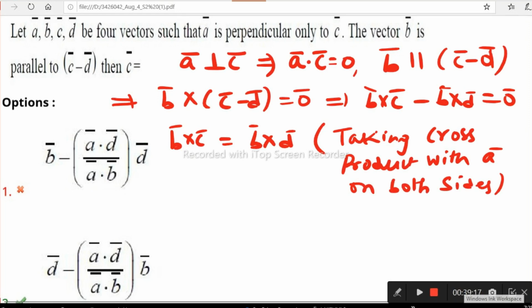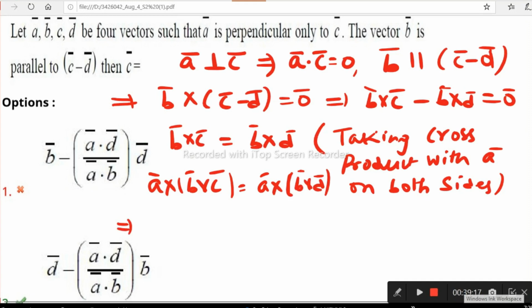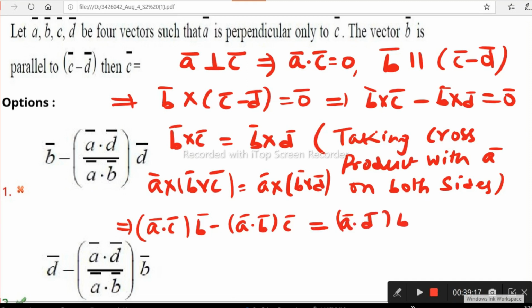Now what is the left side? We have A cross (B cross C) as the left side, and the right side also A cross (B cross D), by taking the cross product on both sides with vector A. Now what is A cross (B cross C)? It is the dot product of first and last vector, A dot C, into the middle vector B, minus the dot product of first two vectors, A dot B, into the last vector C. Same way the right side: A dot D into B minus A dot B into D. This is called the vector triple product.